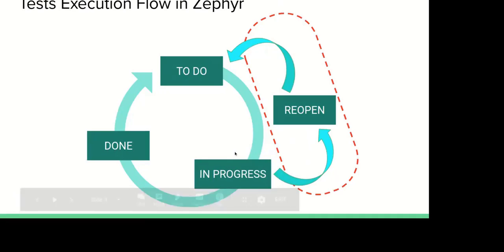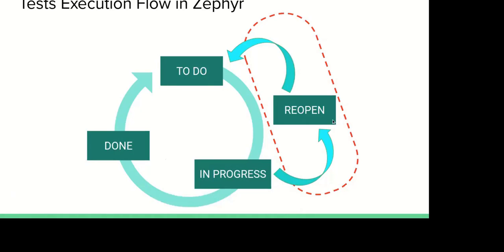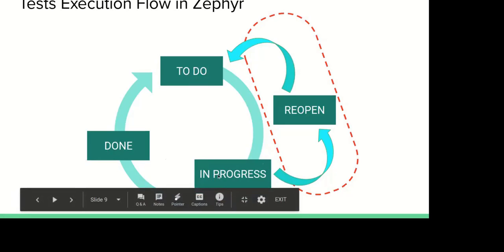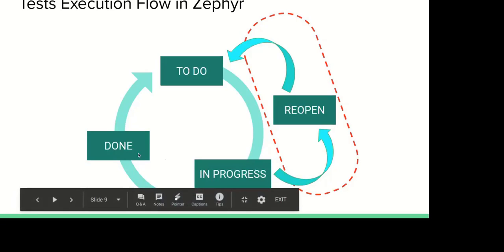If everything goes well, then we mark it as done. But if there are issues found, then we file a bug, and once the bug is resolved, we reopen that test case and proceed with our validation and verification of the fix. And if everything is okay, then we mark it as done.